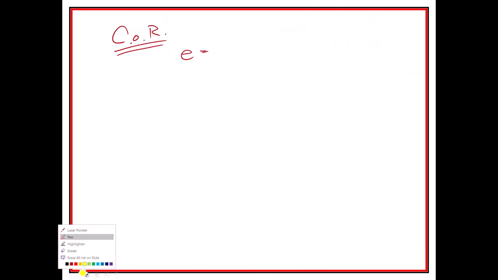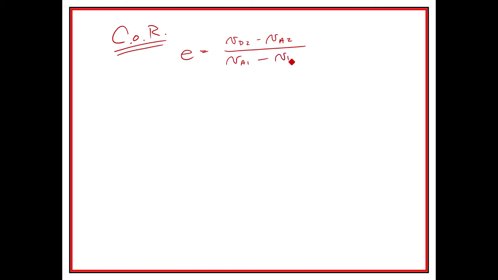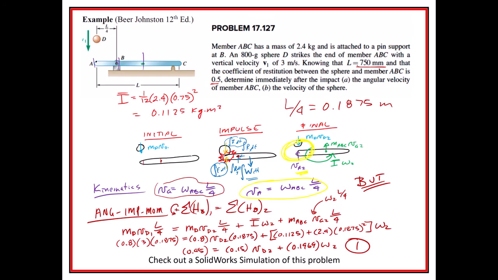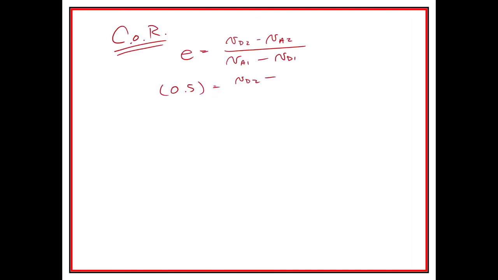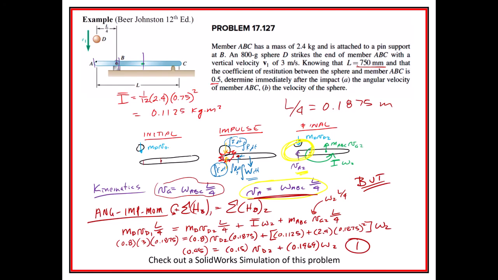So we're writing out the coefficient of restitution, and it's going to be V d2 minus V A2 divided by V A1 minus V d1, or 0.5 is equal to V d2, something we want to know, minus, okay, and let's substitute right in there our 0.1875 times omega 2, right? We substituted for V A2.